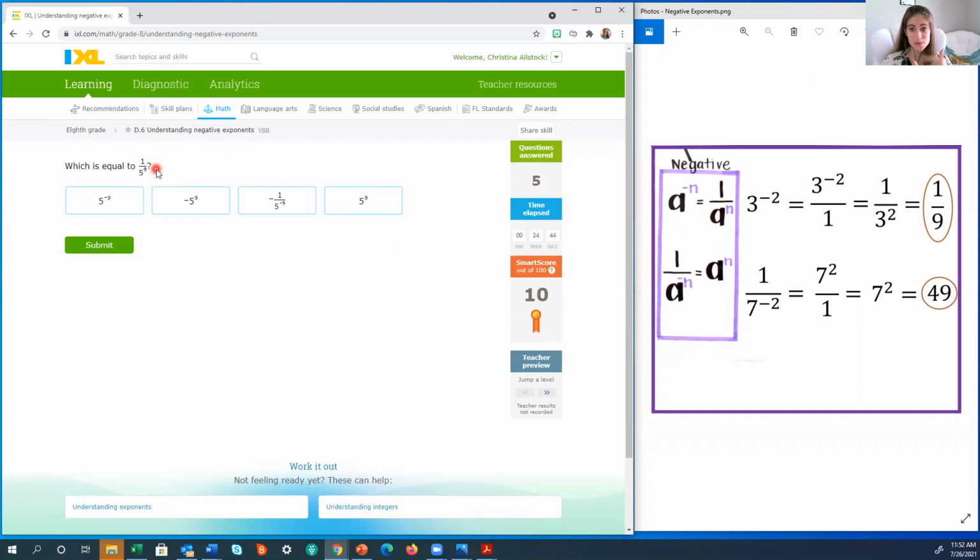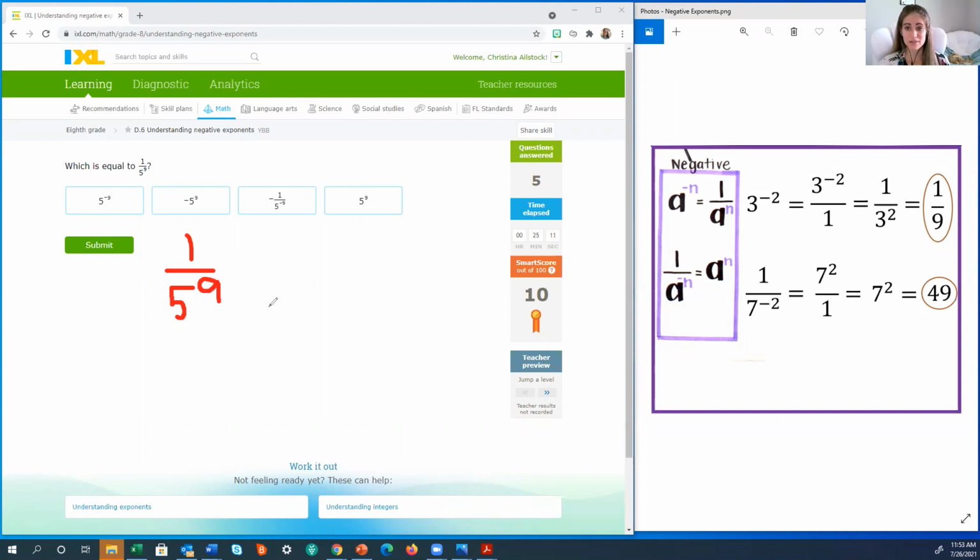But for this IXL assignment, since it's just getting you to practice changing back and forth, and also it wants to know which one of these answer choices is equivalent, we're going to make something negative. All right, our original is 1 over 5 to the 9th. But I need to change its sign.